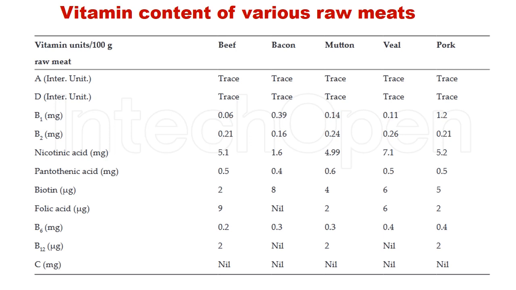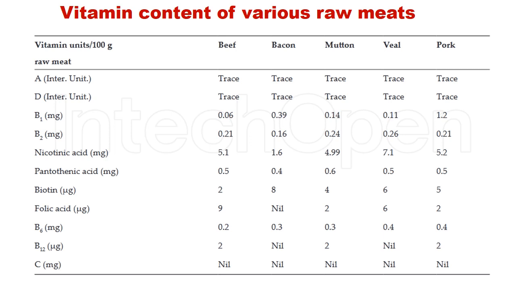Then B2 is almost in the same range, around 0.2 units per 100 gram. Then nicotinic acid is high in veal, pork, mutton and beef. Then pantothenic acid is again almost in the range of 0.4 to 0.6.